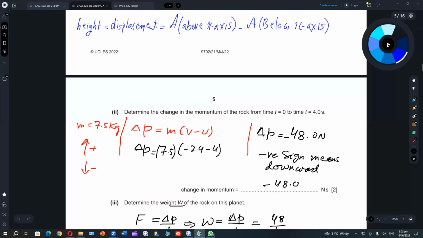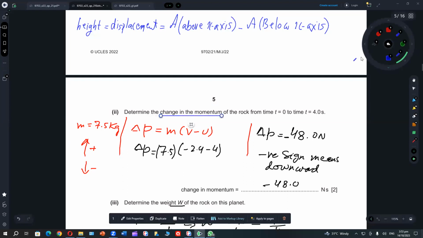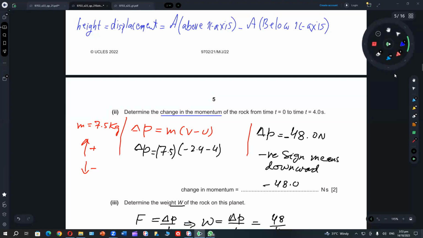And remember this concept that change in momentum is actually impulse.